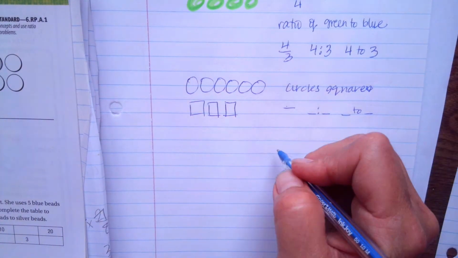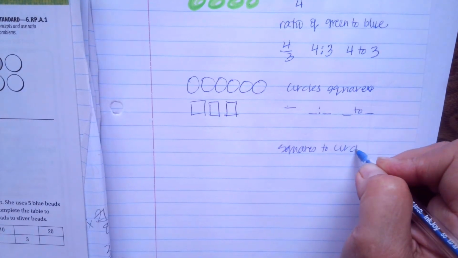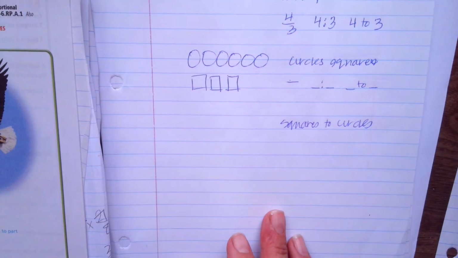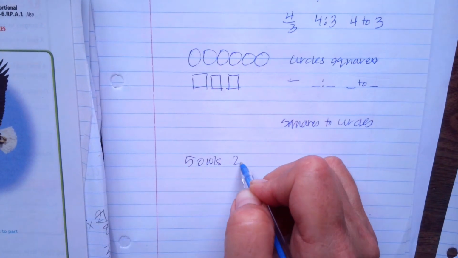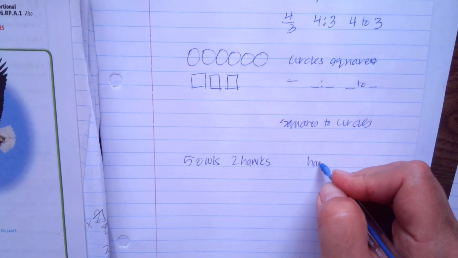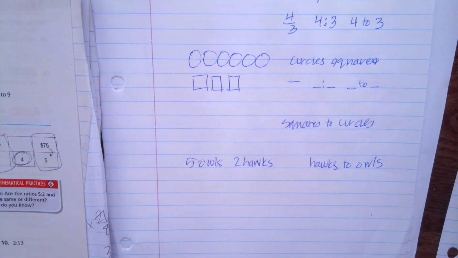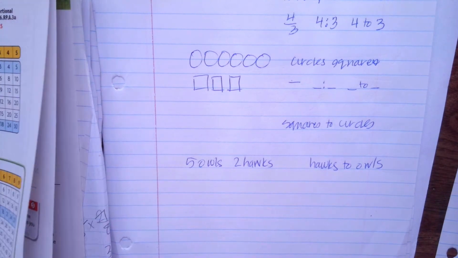And then you're going to do squares to circles for homework. All right, there are 5 owls and there are 2 hawks. So you're going to do hawks to owls as your next problem.